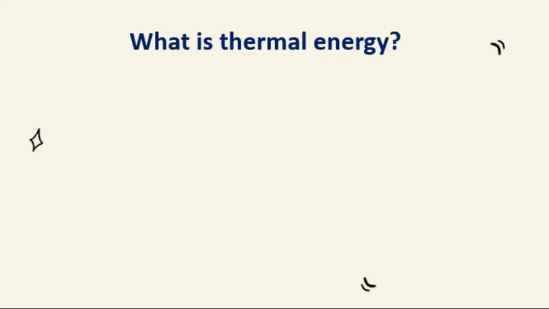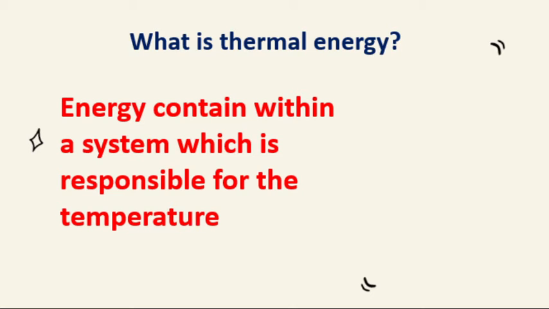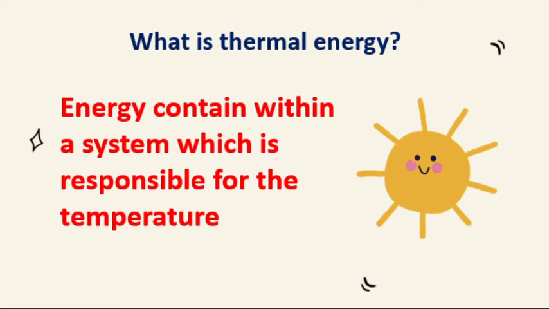What is thermal energy? Energy contained within a system which is responsible for the temperature. It is produced when a rise in temperature causes atoms and molecules to move faster and collide with each other. The energy that comes from the temperature of the heated substance is called the thermal energy.